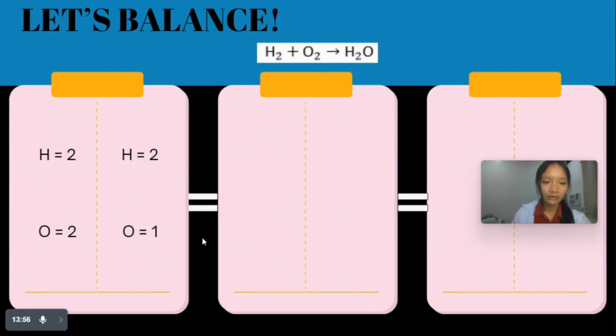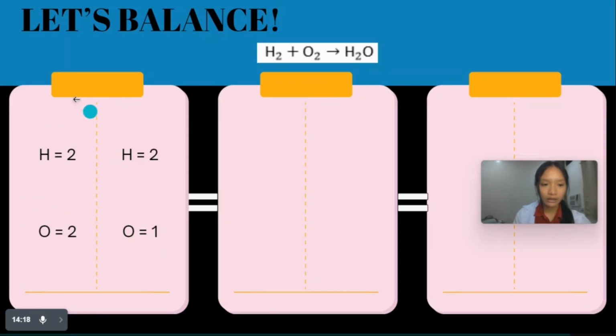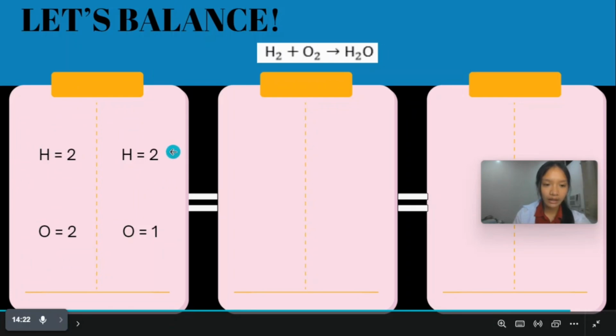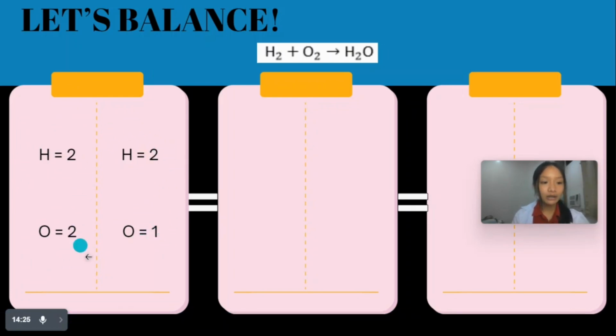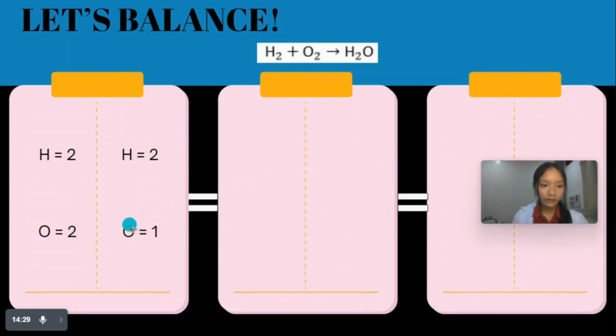The reaction of hydrogen with oxygen to produce water. We need to ensure that the number of atoms of each element is the same on both sides of the equation. Starting with the reactants on the left side, we see that there are 2 hydrogen atoms and 2 oxygen atoms. However, on the right side, there are 2 hydrogen atoms and only 1 oxygen atom.